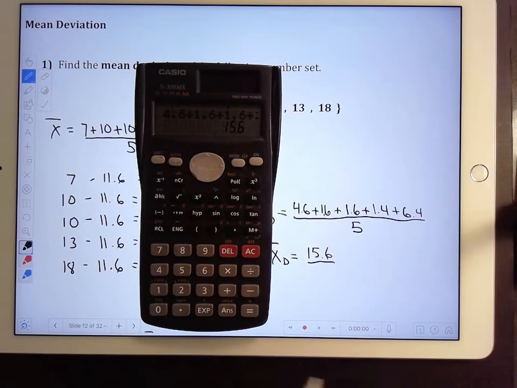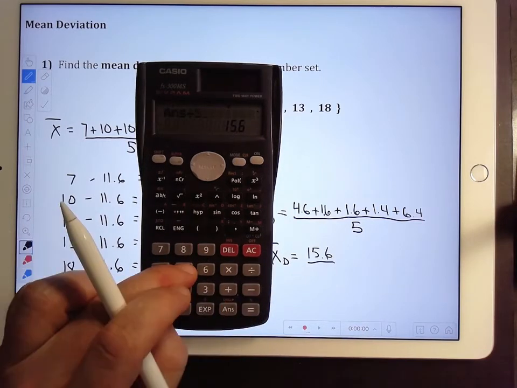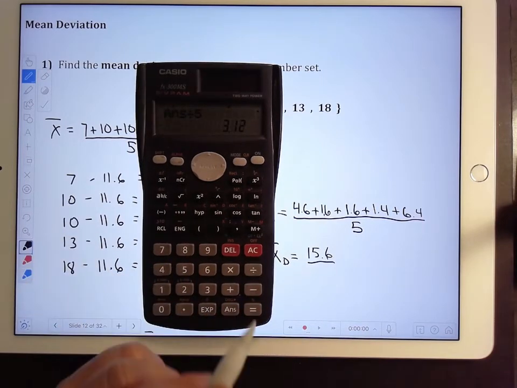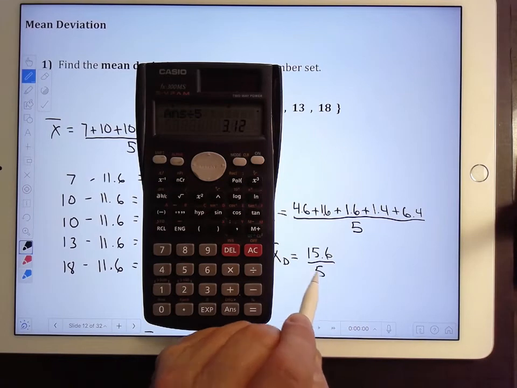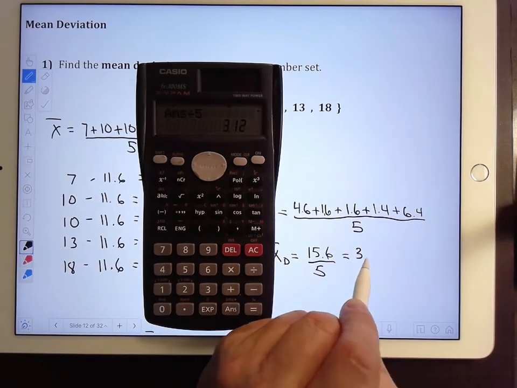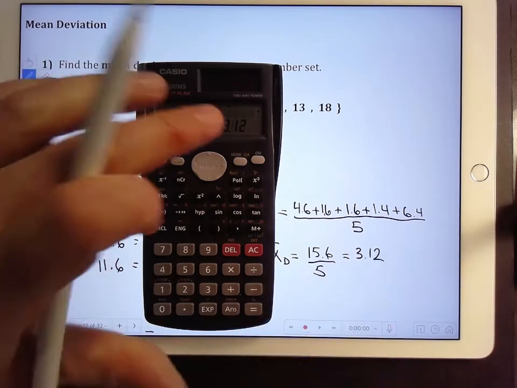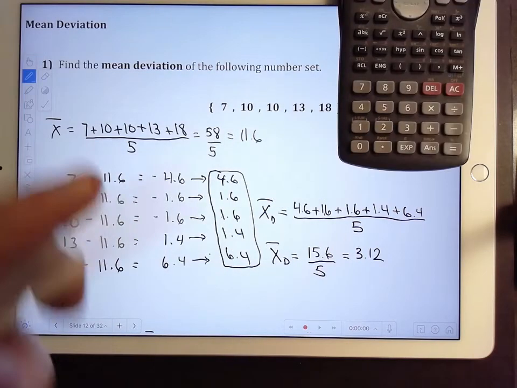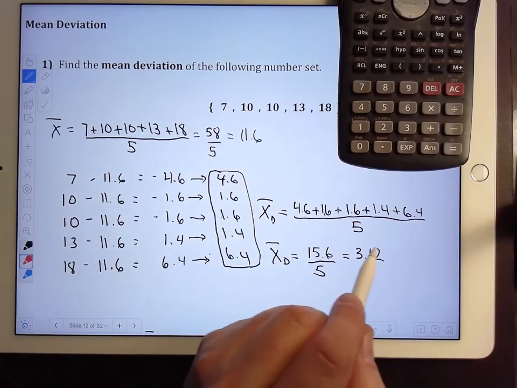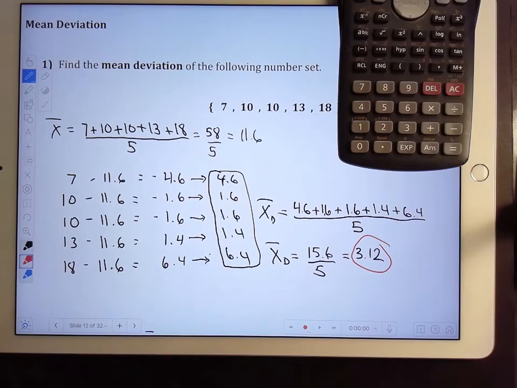And we have to divide that number by 5. And that gives us our answer, which is 3.12. So the mean deviation in this case is 3.12.